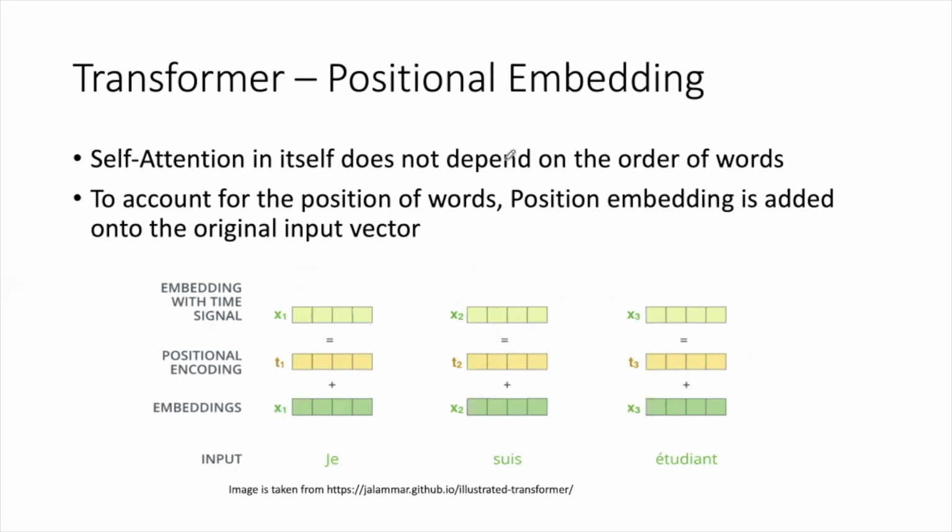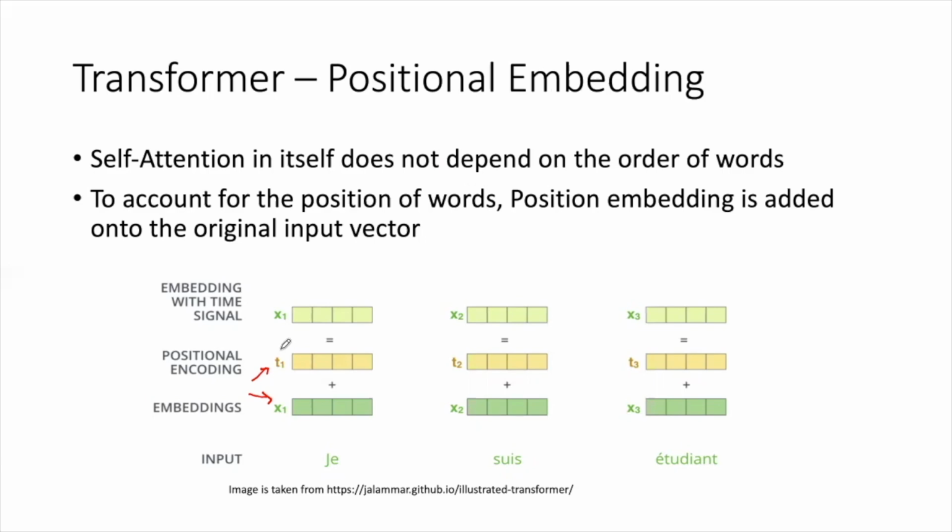There are different ways in which position embedding vectors are derived. What this position embedding does is, for the input representation for x1, let's say, we add the position embedding corresponding to the position at which x1 is present. Here x1 is present at the first position, so there is a fixed position embedding t1.